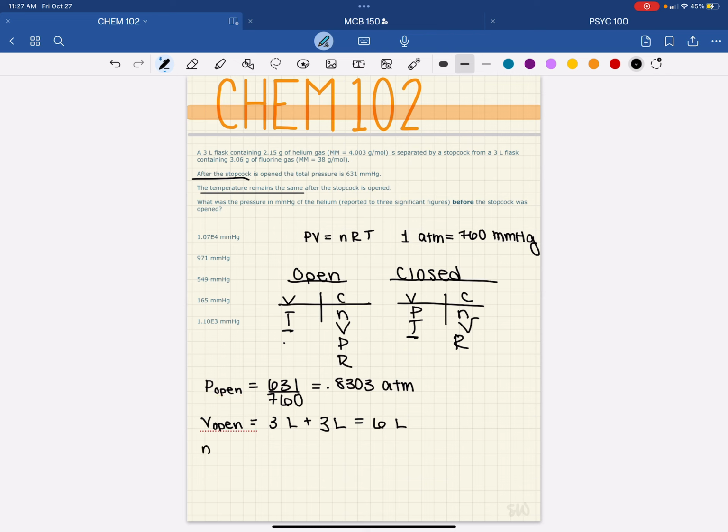My N open is equal to 2.15 grams over 4.003 grams helium plus 3.06 grams divided by 38 grams of fluorine, which I believe is equal to 0.6176 moles.